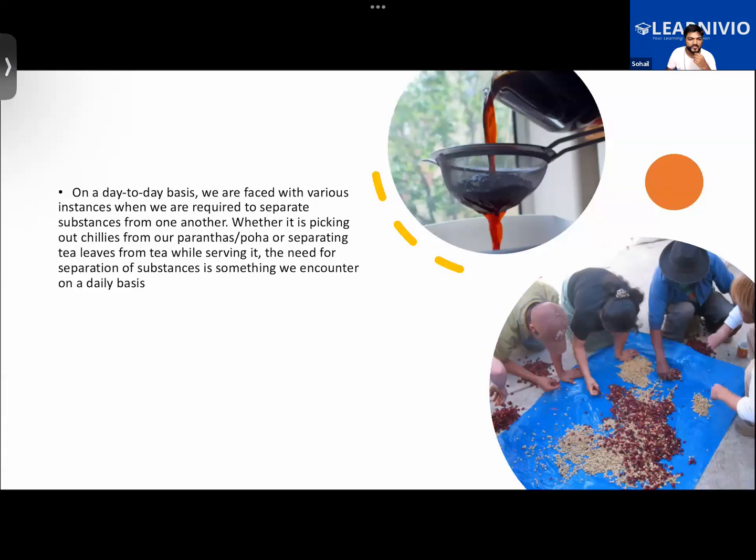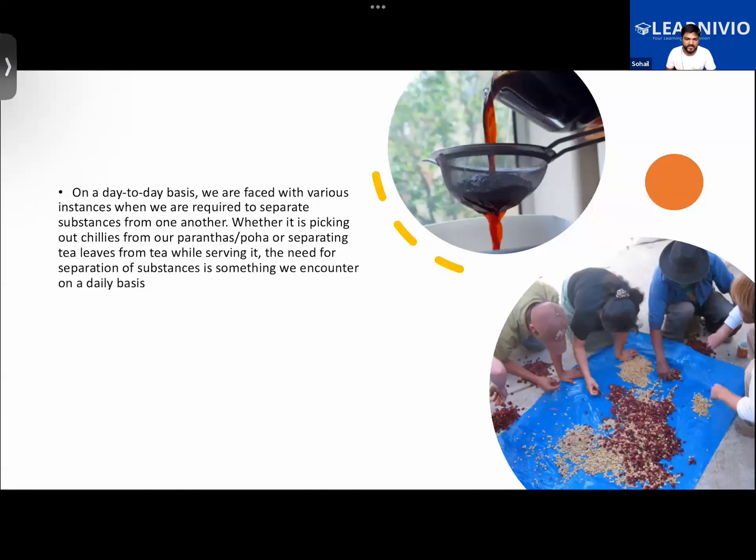Sir, it can be on the basis of different colors, variation in size, small and big, and also soft and hard texture.